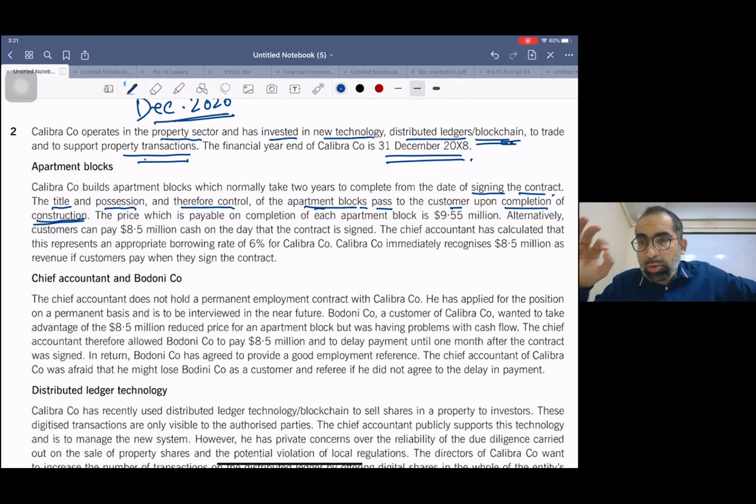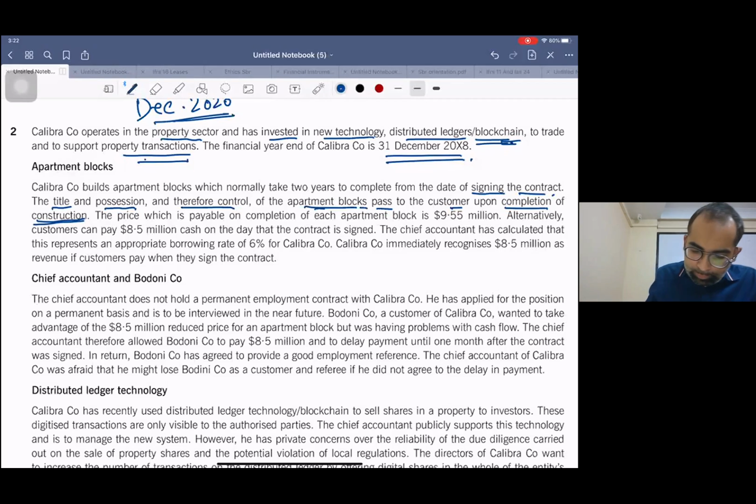So in this case, according to the new standard, the amount which you have received from customers right now is treated as a loan. And you need to book interest expense, you need to accrue interest expense for 2 years, right? Hope you remember this.